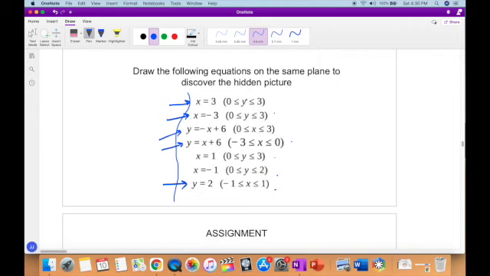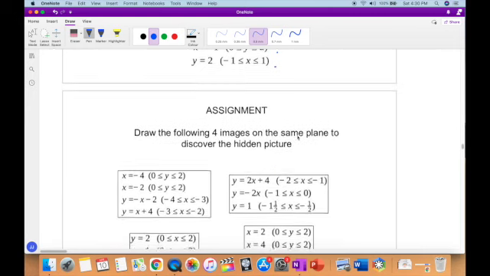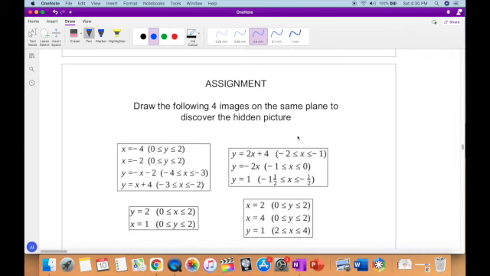If you draw this, a picture will emerge. I think one of them is a house. One of them is supposed to look like this, or something like that. I can't remember what the other one is supposed to look like.